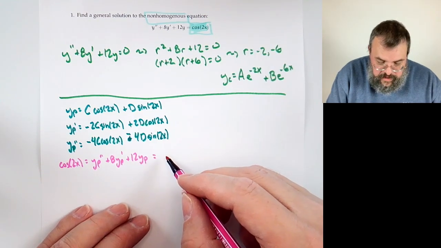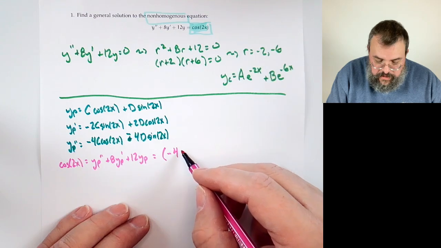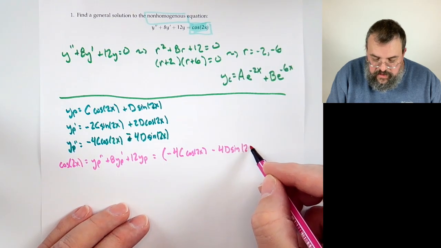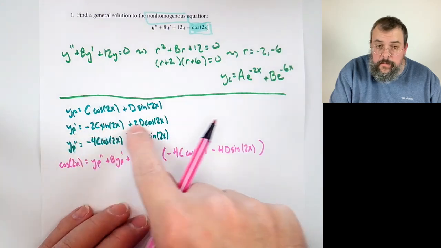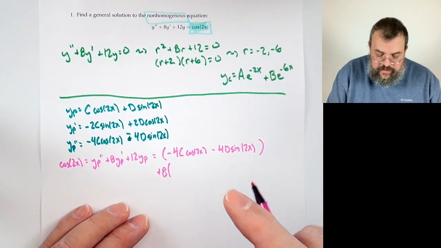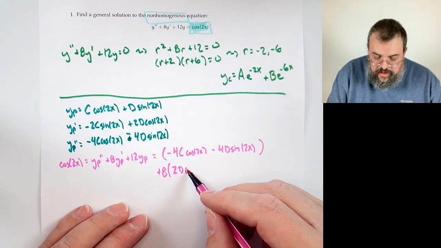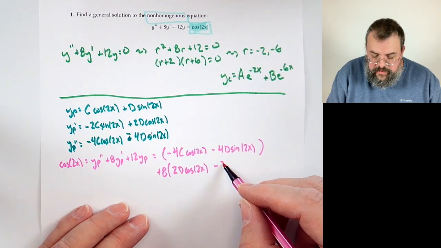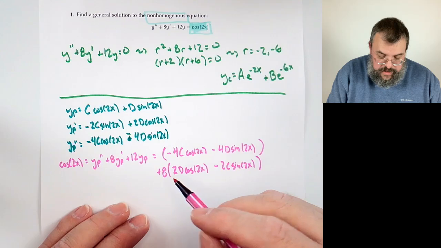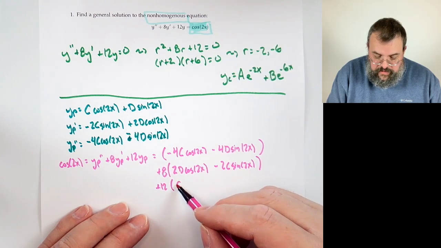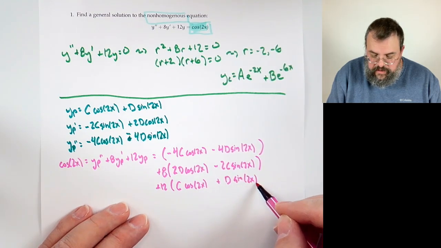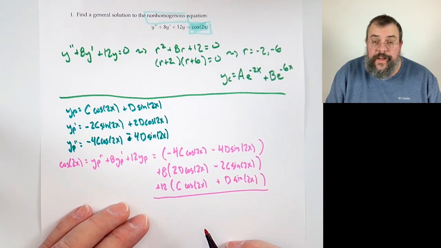So this is yp double prime, minus 4c cosine 2x minus 4d sine 2x, plus 8 yp prime, and I'm going to swap the order so I can have cosines and sines going together: 2 times d cosine 2x minus 2 times c sine of 2x, and then plus 12 times the particular solution, c cosine 2x plus d sine of 2x, and we're going to tally all that up.